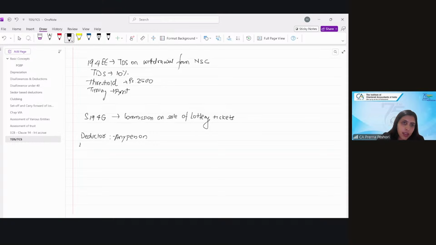Again, deduct the TDS when it is 2%. The threshold is, how much is the threshold? 20,000 rupees.